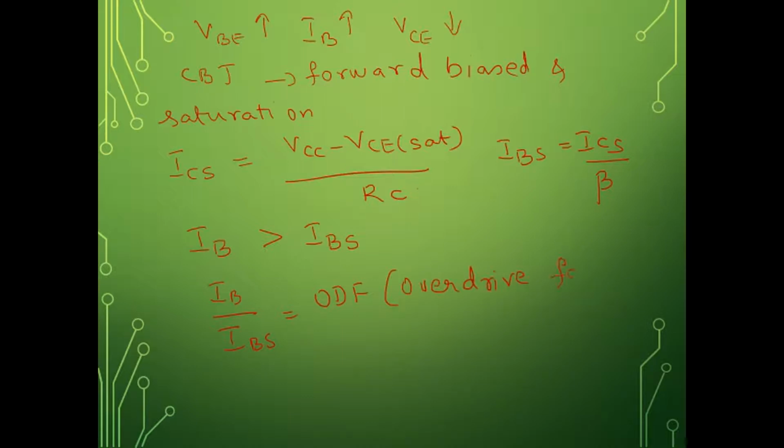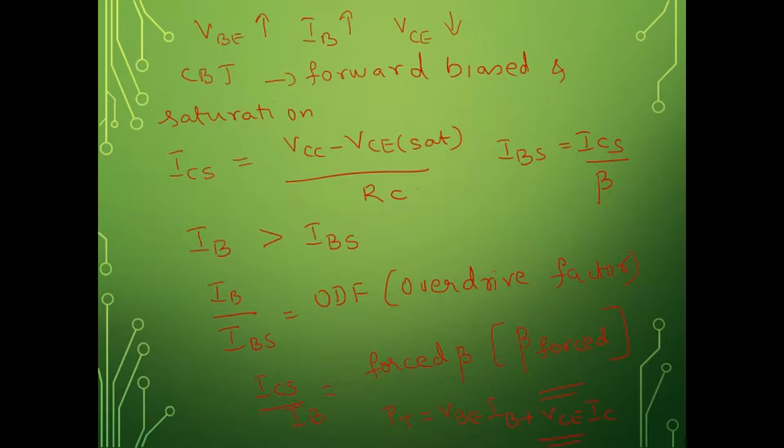And the ratio of the collector current at saturation to the base current is known as forced beta, which is denoted by beta forced. So what is the total power loss in the junctions? The total power loss in the junctions PT is equal to VBE into IB plus VCE into IC.